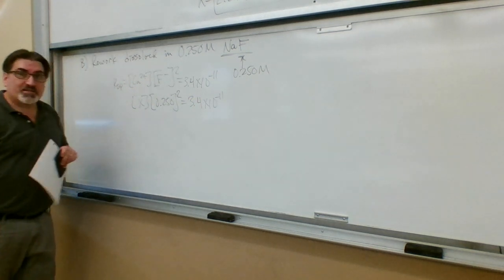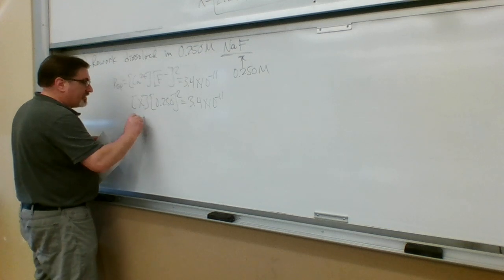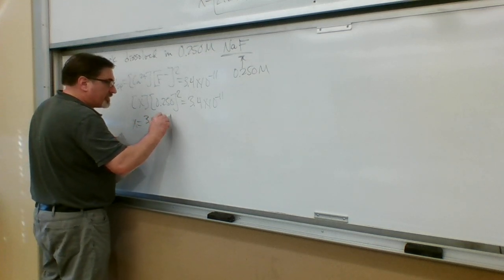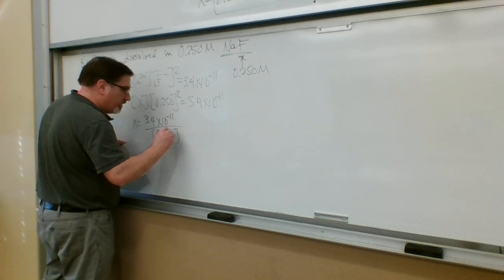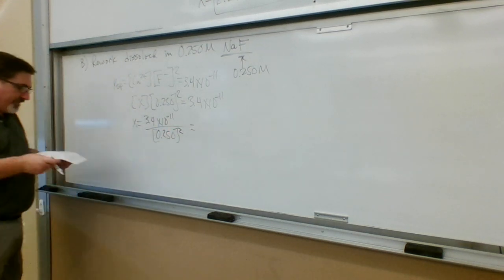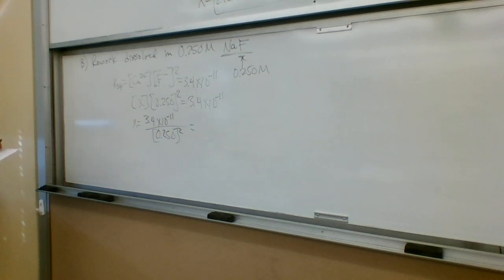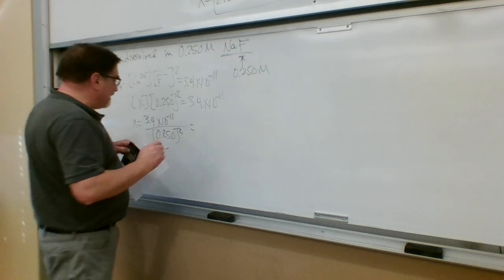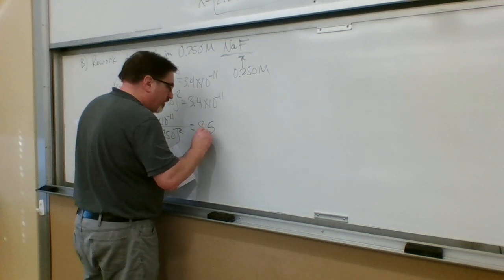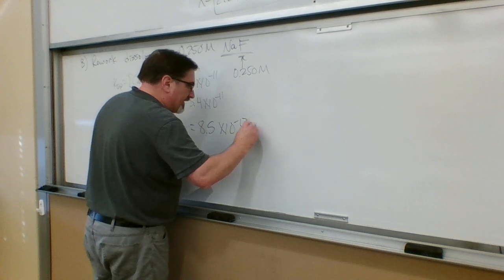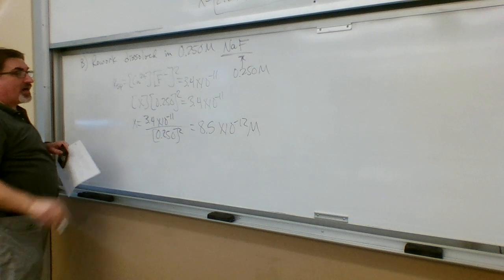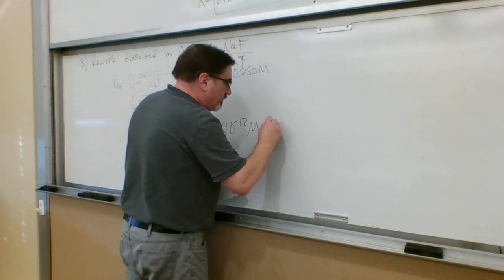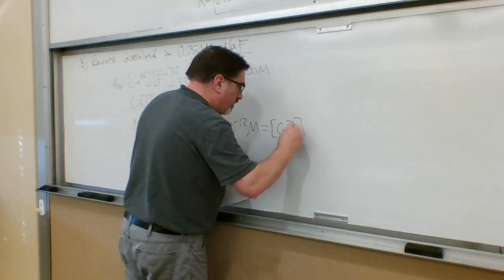And then we just rearrange and solve for X. X is 3.4 times 10 to the minus 11th divided by 0.250 squared. That has a numeric value of 8.5 times 10 to the minus 12. That's molar. X was and still is our concentration of Ca2+.